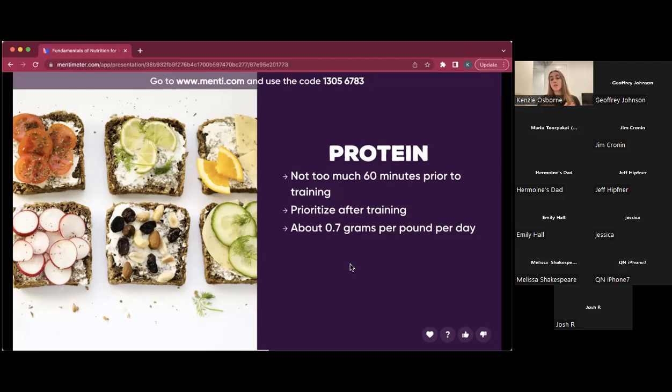The average person is going to be at about 0.7 grams per pound of body weight every day. Again, whatever that number is for you, evenly spacing it throughout the day is likely going to yield better results for you in terms of how much you can actually use. So again, aim for 20 to 30 grams per meal.